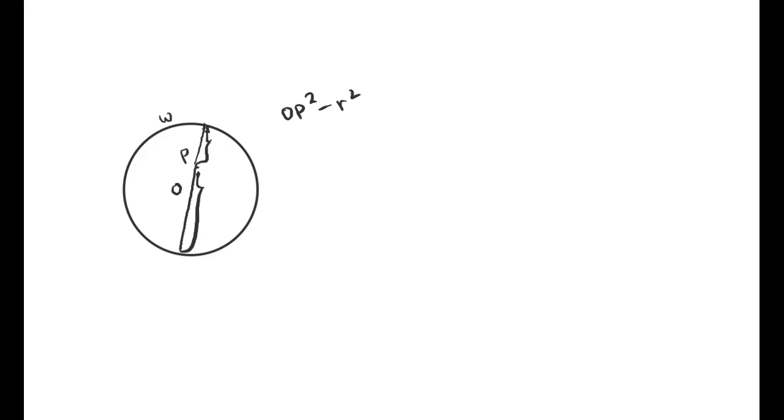So basically, if P is inside the circle, then this quantity is negative, and if P is outside the circle, then this quantity is positive. And if P is on the circle, then it's equal to 0.